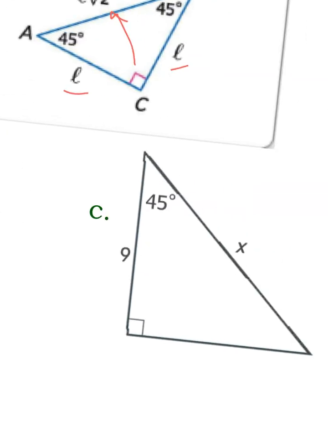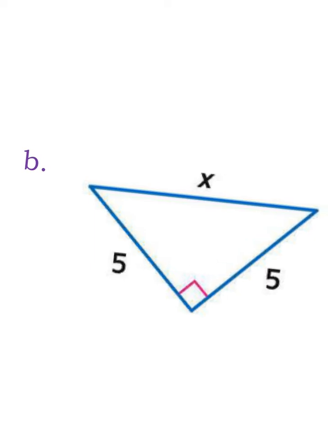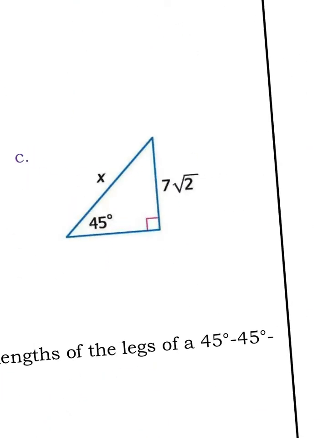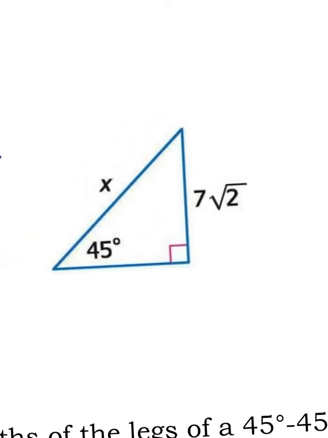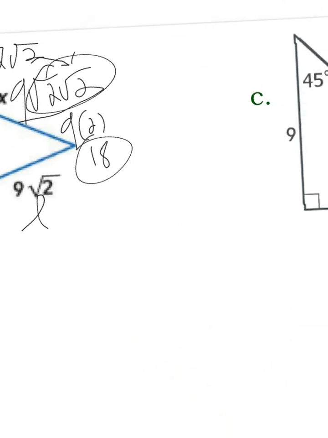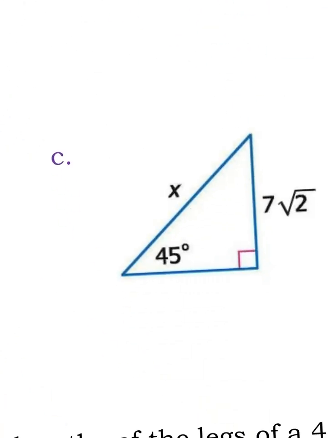So if I'm looking at, which is a good one? C. I know the answer is 14 based on that pattern. Now, I'll go over it. 45 degrees, going to look at the L side. This 45 degrees, going to look at the other L side. 7 square root 2.